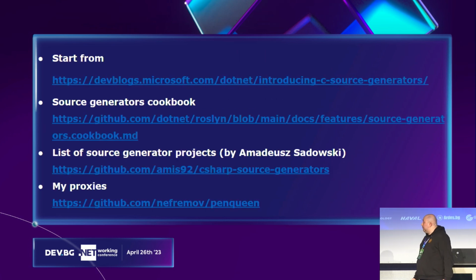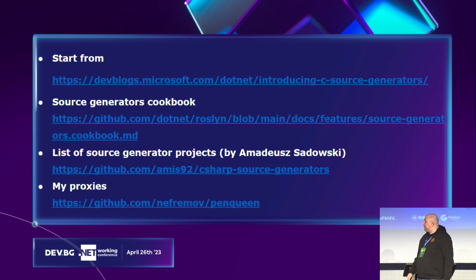So then, what to read? First, this is a kickoff post from the Microsoft blog. Then, the second point is the Roslyn compiler team's place. It's called Cookbook. This is the most up-to-date information.